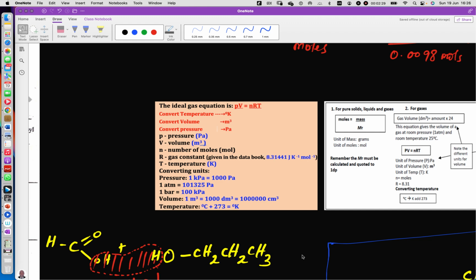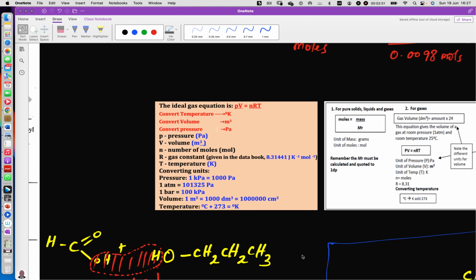And converting to Kelvin, you have to add 273. In converting the volume, if it is in cm cube, you divide it by 1 million to have m cube. If it is dm cube, you divide by 1,000.